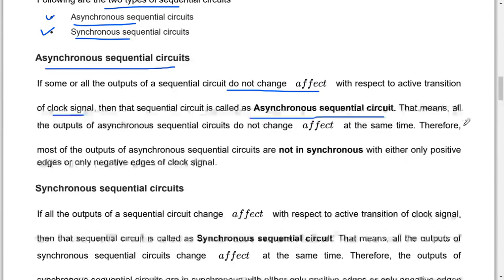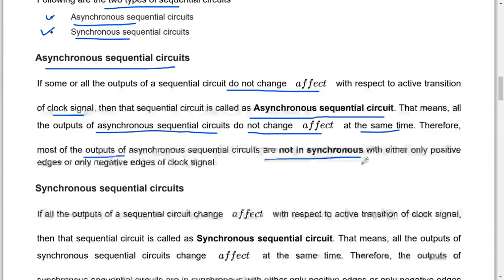That means all the outputs of asynchronous sequential circuits do not change at the same time. Therefore, most of the outputs of asynchronous sequential circuits are not in synchronism with either only the positive edge or only the negative edge of the clock signal.